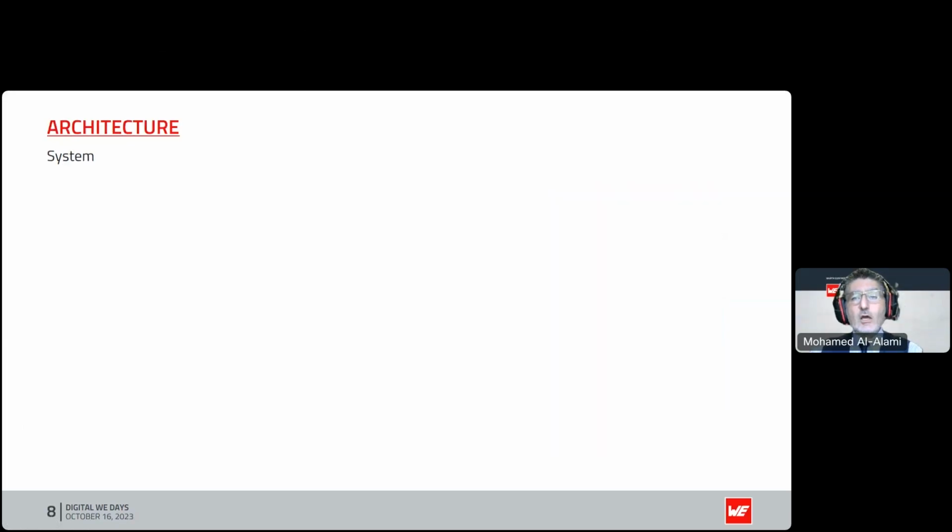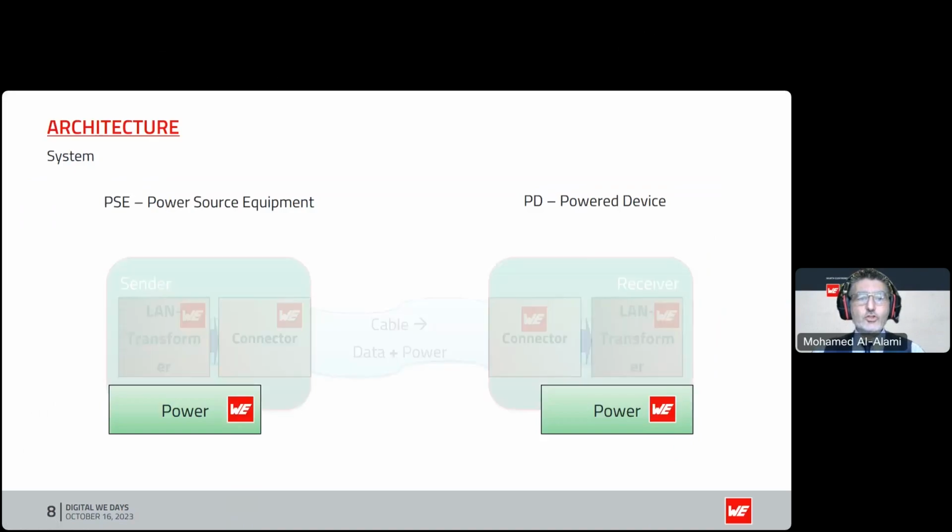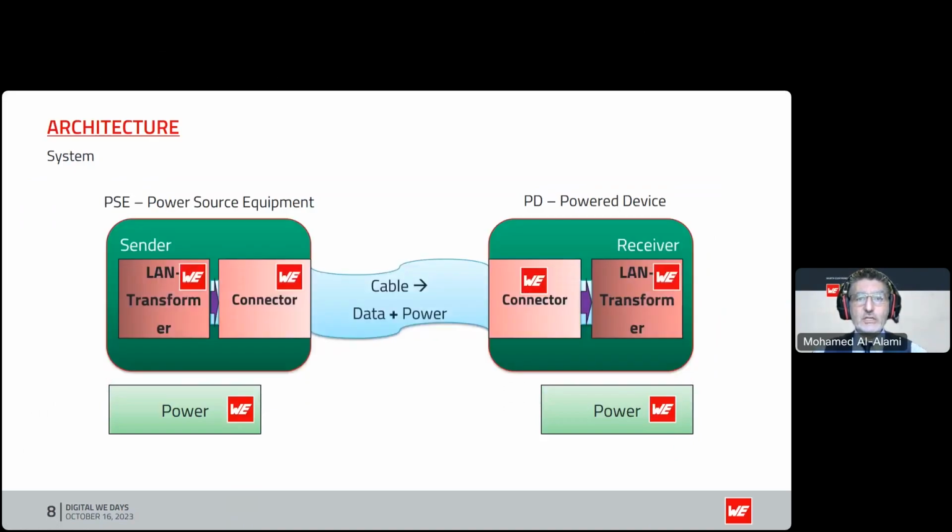Okay, looking at the system architecture, just to show you how power flows, and again, this is probably quite basic. From the power sourcing equipment, this is where the power is generated, as you can see down at the bottom here. I'll use my laser pointer.